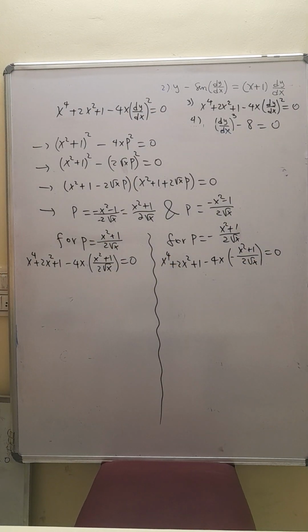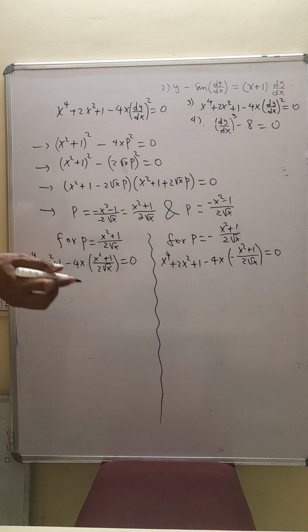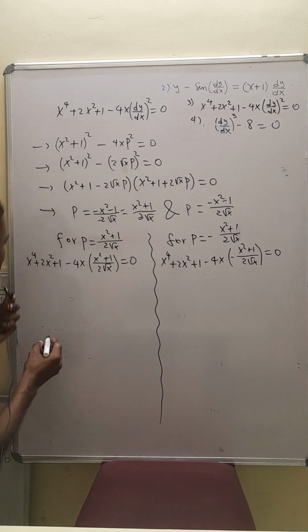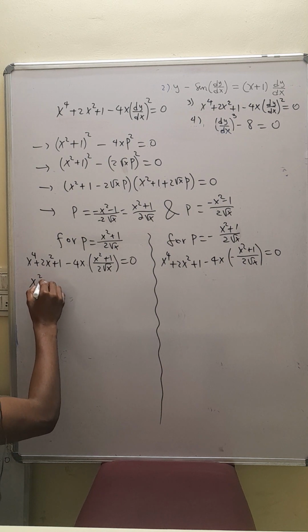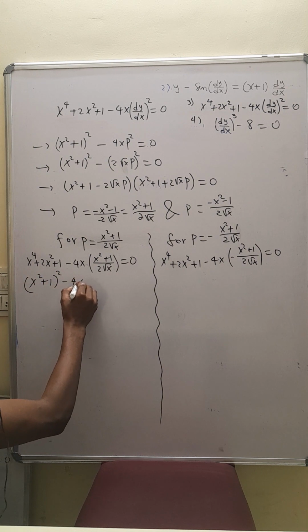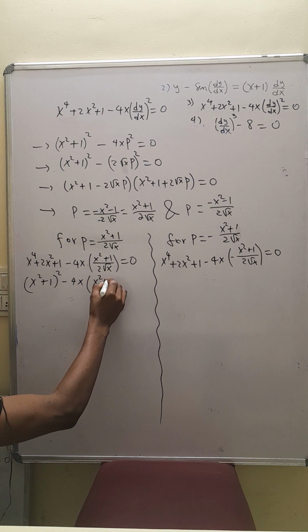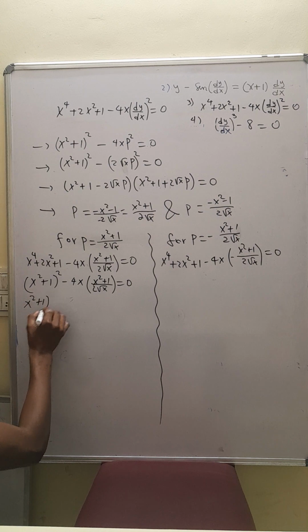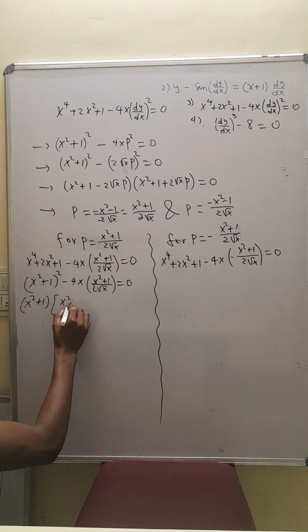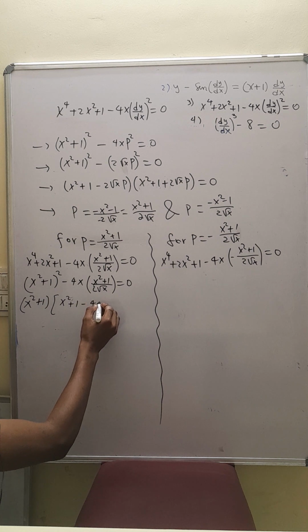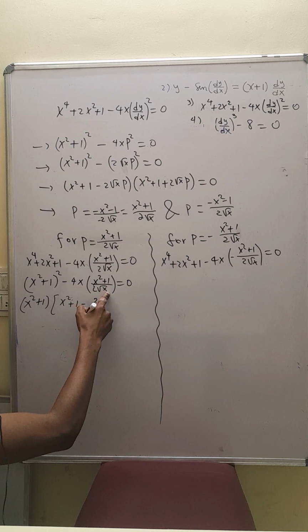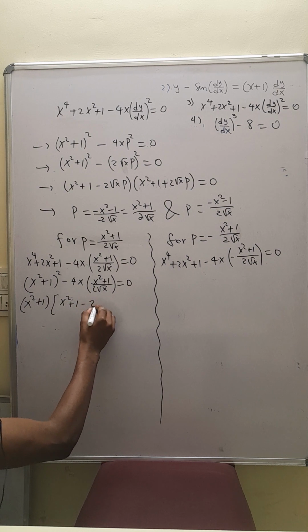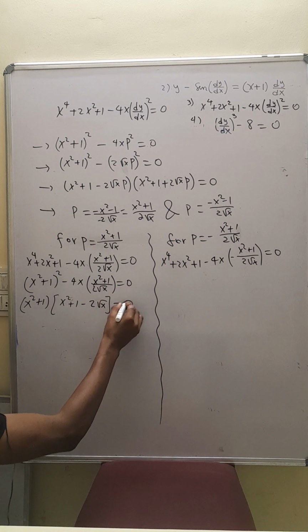Now from there you can apply some simplification. Here it is (x² + 1)² and here minus 4x, okay, here it is (x² + 1) and here it is √x, equal to 0. So take common x² + 1, and it will be (x² + 1) minus 4 and 2, it will be 2, and x with here, it will be 2√x, equal to 0.